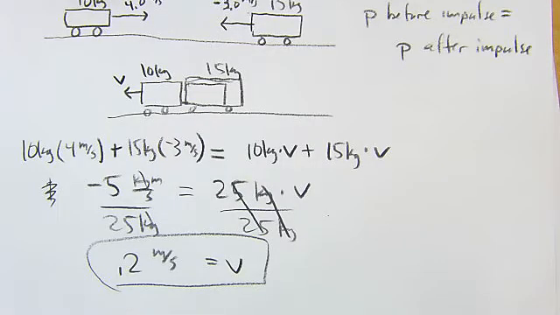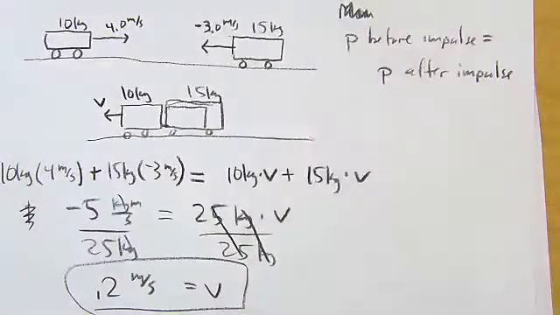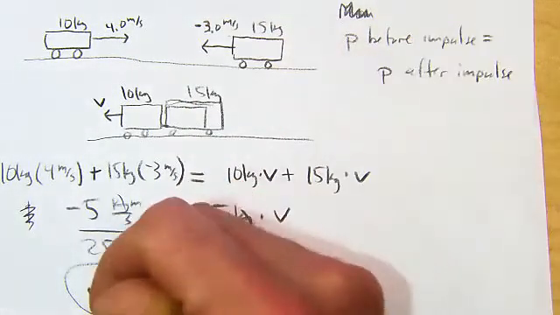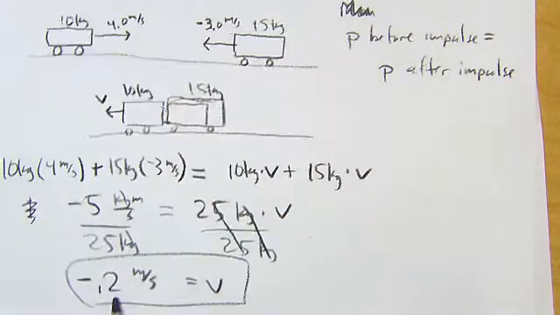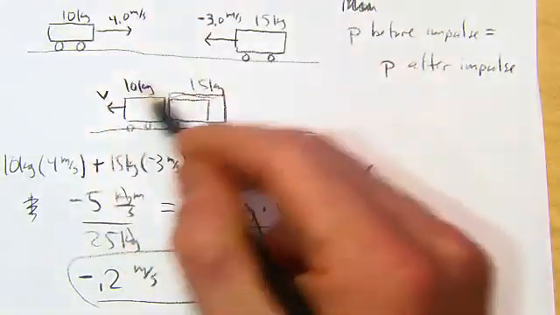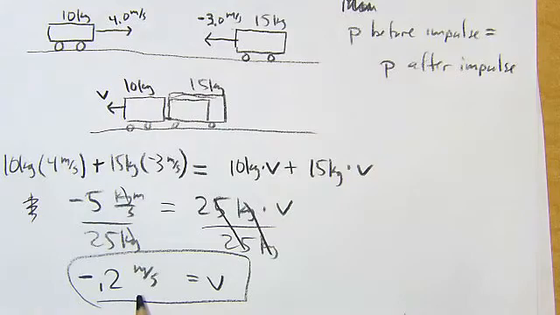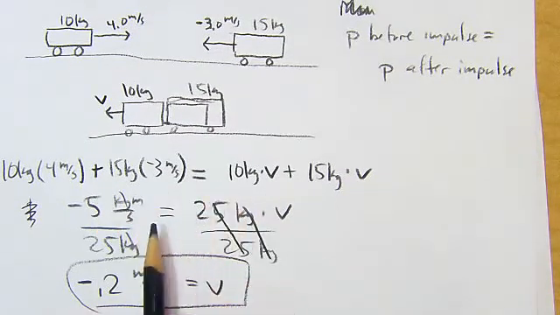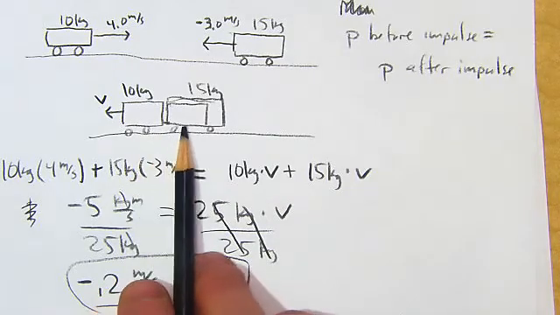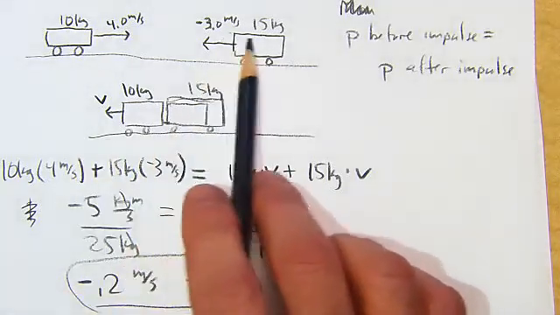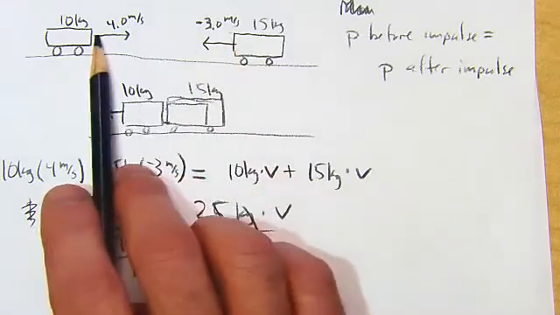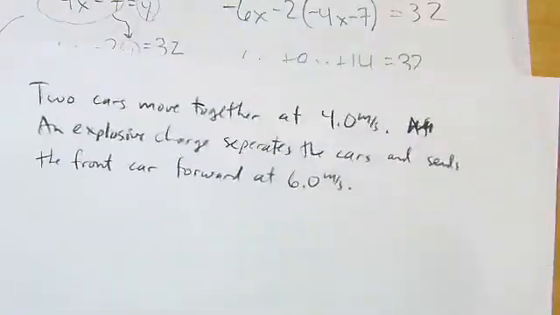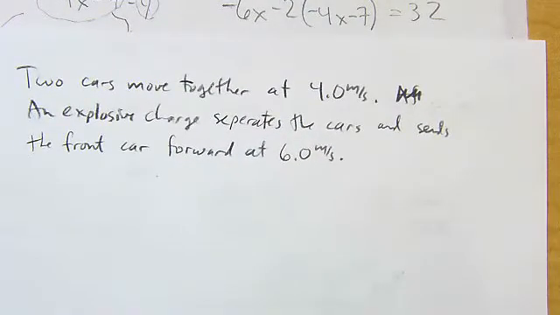So these are going to be moving together at 0.2 meters per second, which is actually to the right. Negative, sorry. Negative 0.2 means they're moving to the left together at 0.2. Which makes sense because their momentums are almost the same, so they almost canceled out and came to a stop, but they're going to move a little bit to the left because you had more momentum here than what you had here.